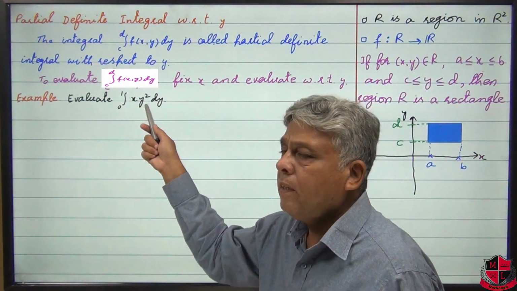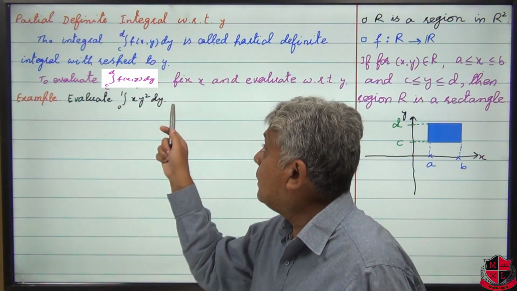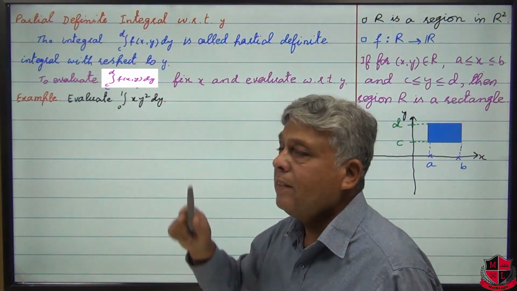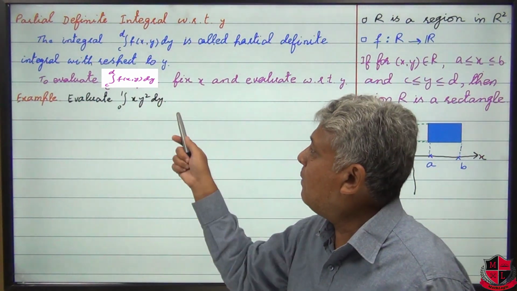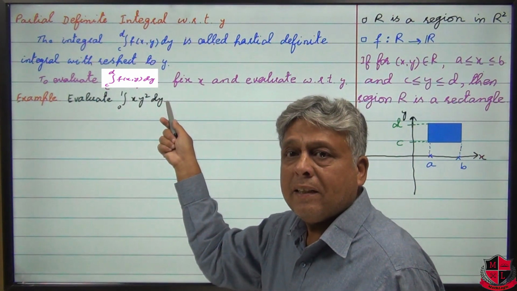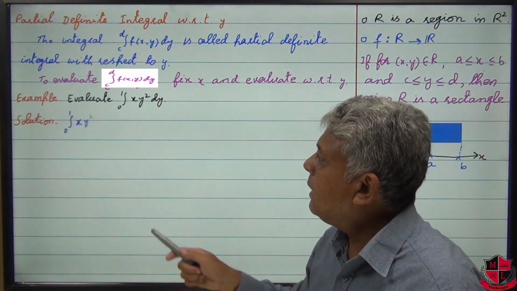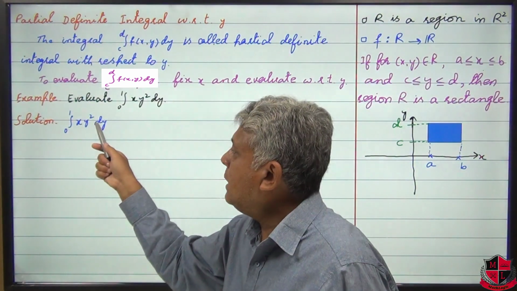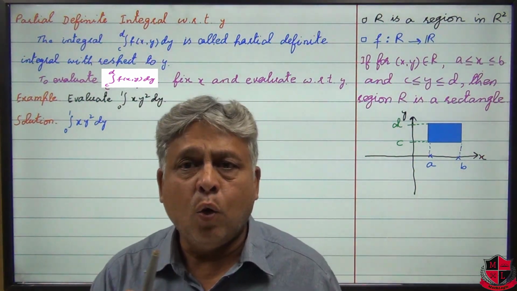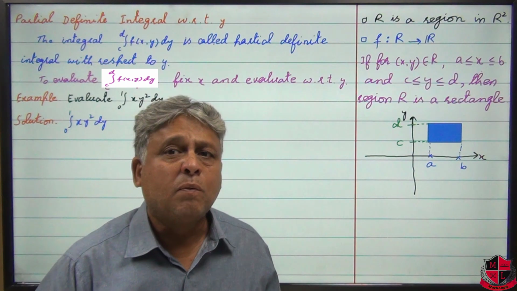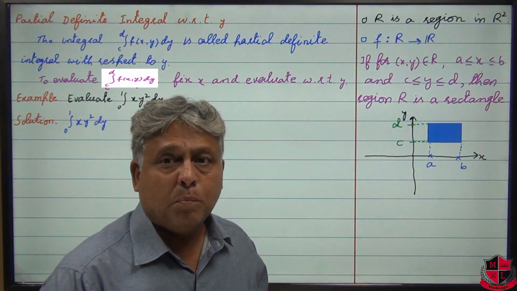Here this integral is a partial definite integral with respect to y. We have to perform integration with respect to y, and when we integrate with respect to y, we shall keep x constant. If we keep x constant and integrate y square, how will we find the integral of y square? Very simple.